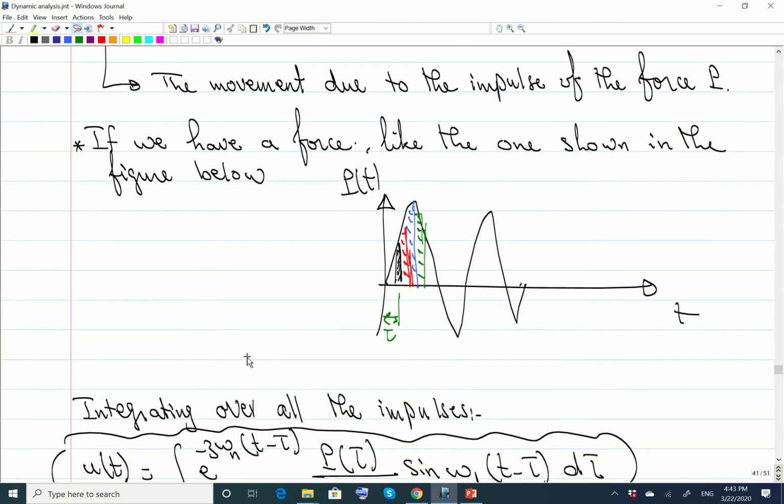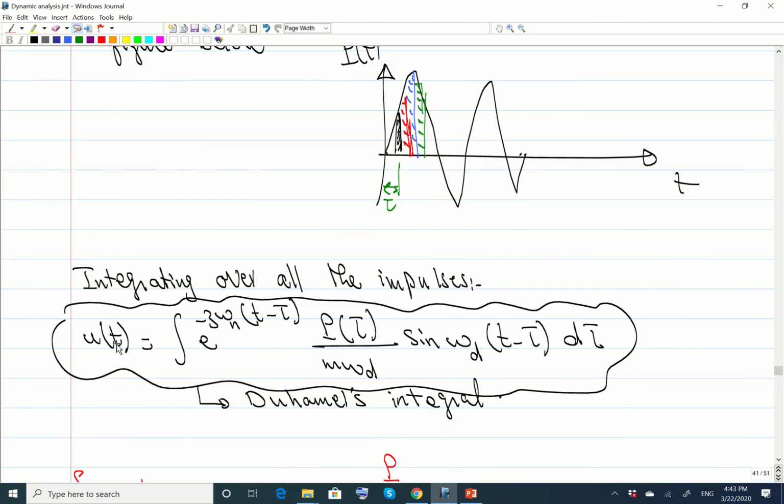So u at some time t is e to the power negative zeta omega n (t minus tau). So I want to find u at some time t, so t minus tau. What's tau? Tau is the location where I'm integrating all these impulses. Each of those impulses is at time tau, so I'm integrating with respect to d tau over here. t is the time that I want to find the displacement.